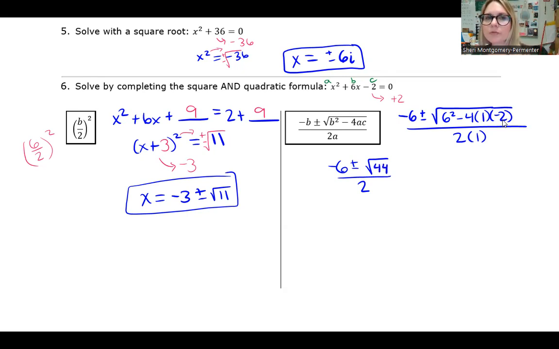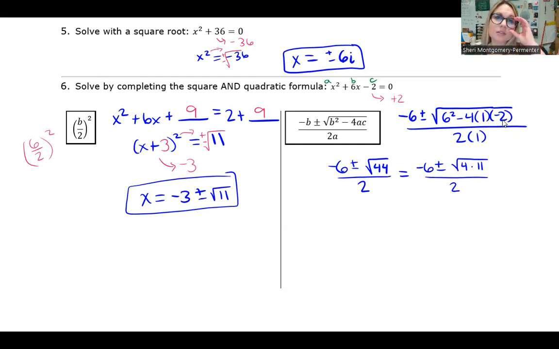Ooh, the square root of 44 can actually reduce. What perfect square goes into 44? 4. So this is the same thing as -6 plus and minus the square root of 4 times 11 all over 2.